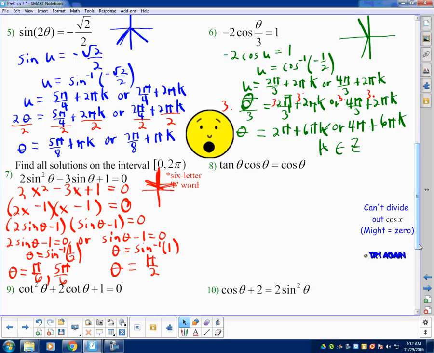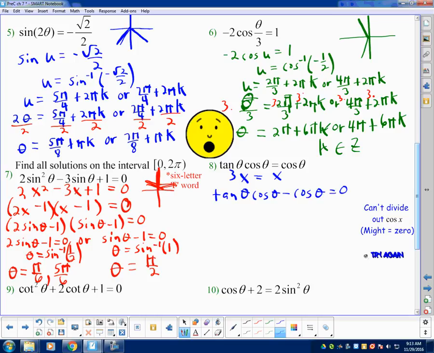It would be like if I had 3x equals x. I don't want to divide each side by x here because x could potentially equal 0, and then I'm dividing by 0 and breaking the laws of algebra. Okay? So we don't want to do that. What we do want to do is subtract cosine of theta over and set the whole thing equal to 0 and then factor.